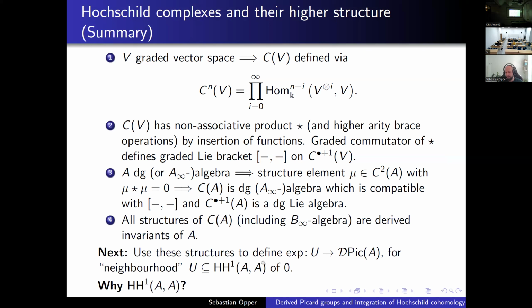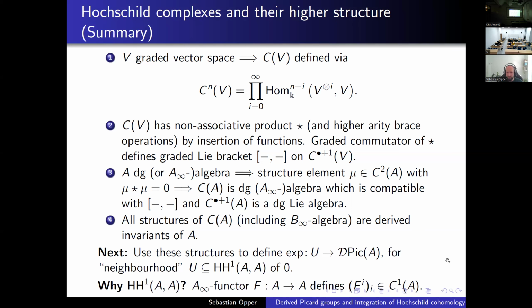One of the reasons is that A-infinity functors, which are objects in the derived Picard group, have an associated element that lives in C1. So this is one reason why you would only expect something in the first Hochschild cohomology, but there's also limited interpretation of what these other Hochschild cohomologies would mean in terms of homotopy groups of some objects.